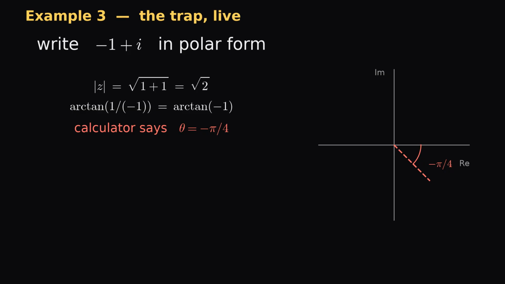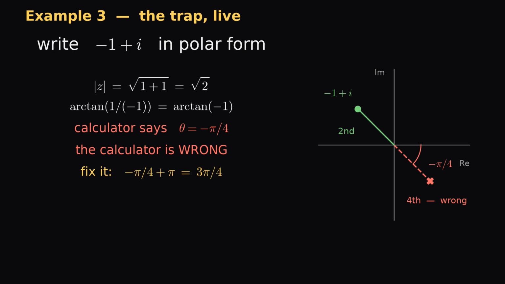So put that on the diagram. Minus pi over 4 points down and to the right, into the fourth quadrant. But minus 1 plus i is up and to the left, second quadrant. The calculator is wrong. Fix it by adding pi. Minus pi over 4 plus pi is 3 pi over 4.